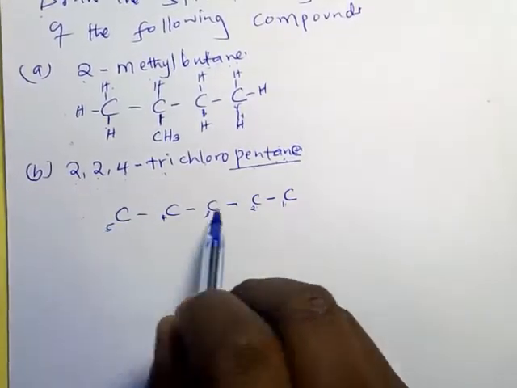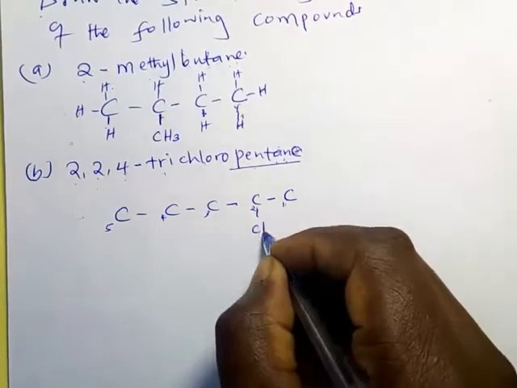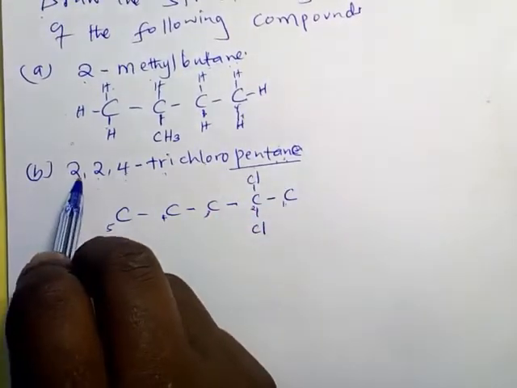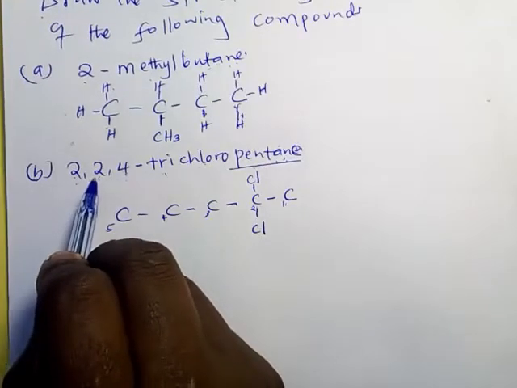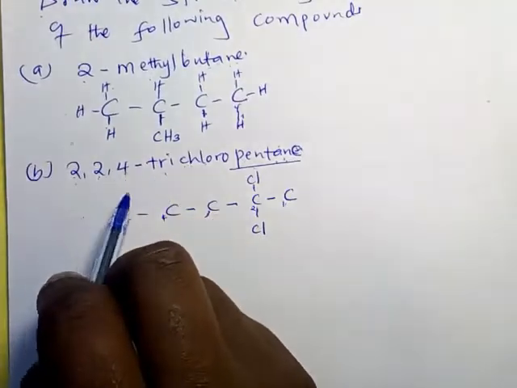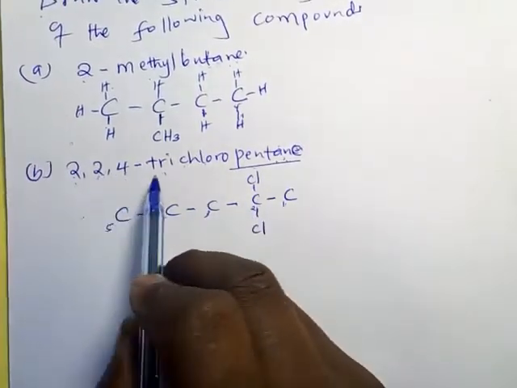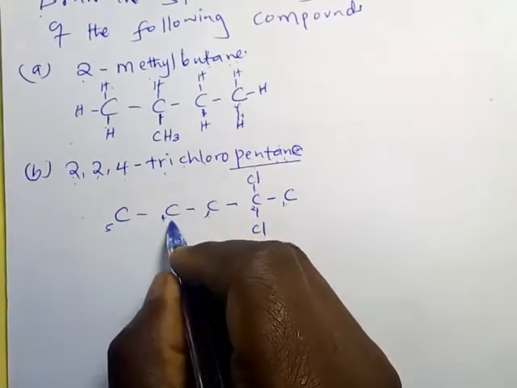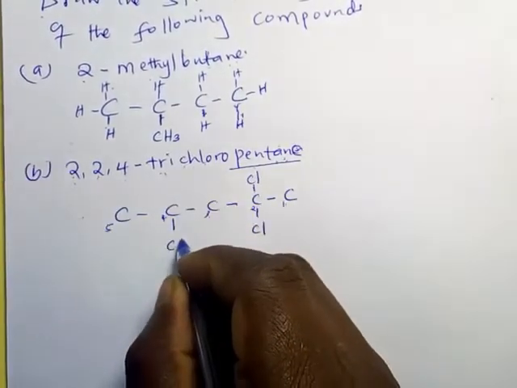Now, on carbon number 2, we have chlorine. On the same carbon number 2, we have another chlorine. That's why when we say 2, 2, it means the branches are on the same carbon. And then 1, 2, 3, 4, on carbon number 4, we have another chloride.